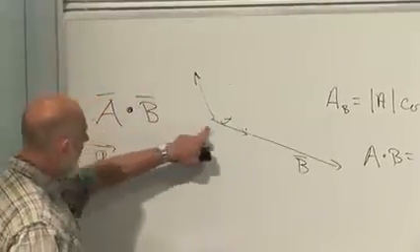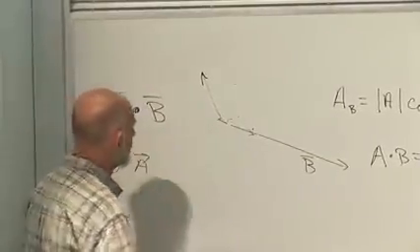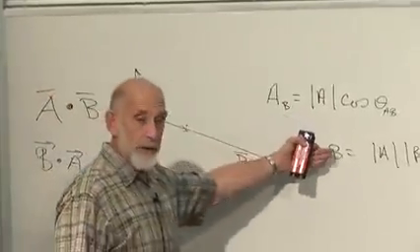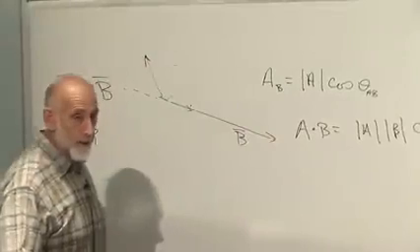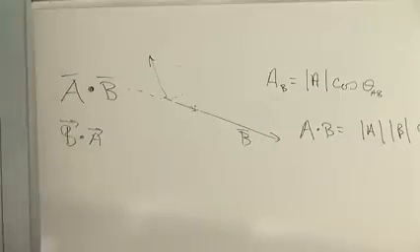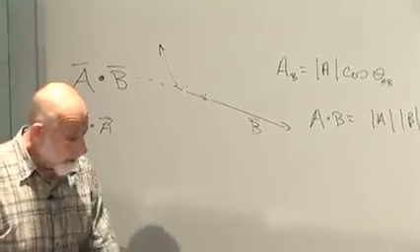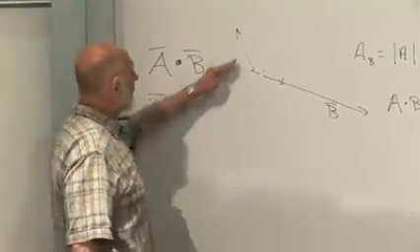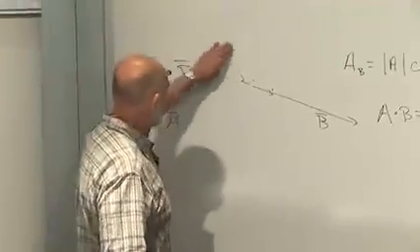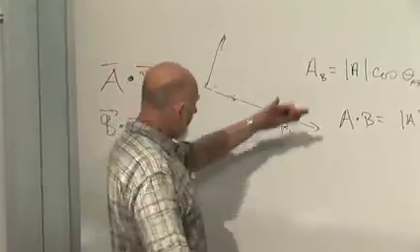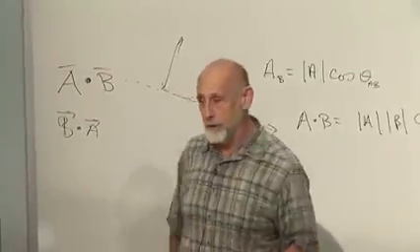Then the component of A in the B direction would be negative. Cosine of theta would be negative for an angle bigger than 90 degrees. What about two perpendicular vectors? Zero. Cosine of theta is zero for 90 degrees.